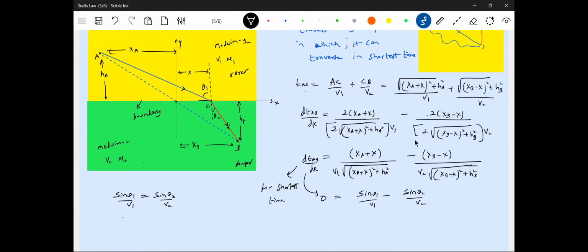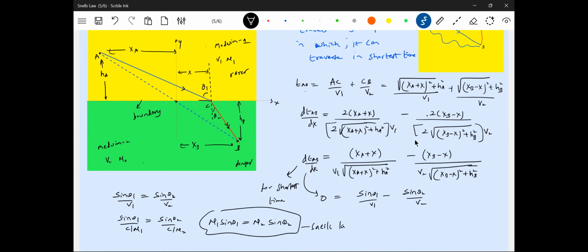Further, what is v1? v1 should be equal to c by mu1. So this will become mu1 sine theta 1 equal to mu2 sine theta 2. This is called Snell's law.